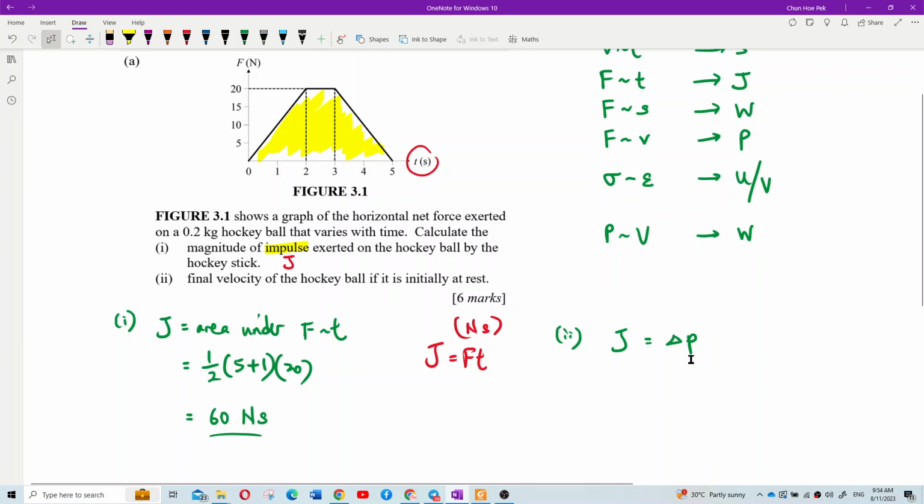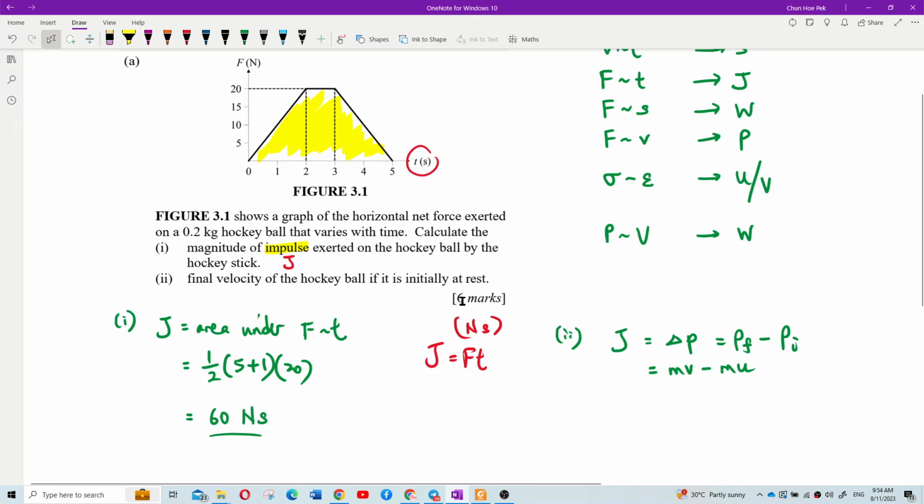Impulse is change of momentum, which is mv minus mu, P final minus P initial. P final is mv, P initial is mu.